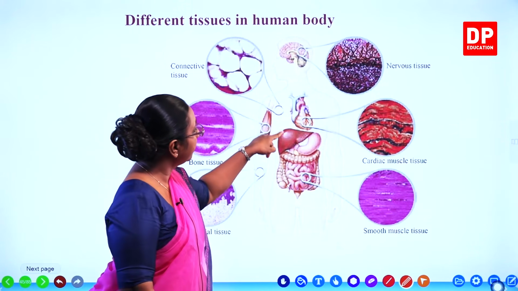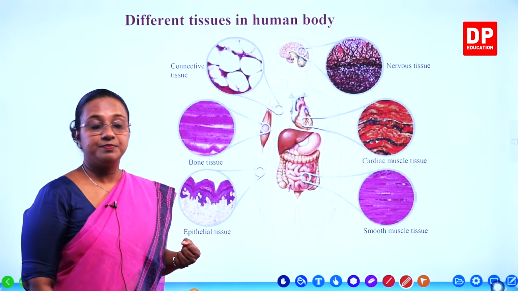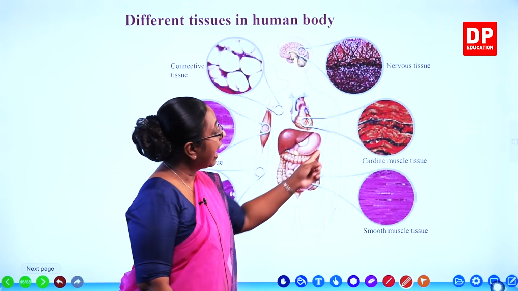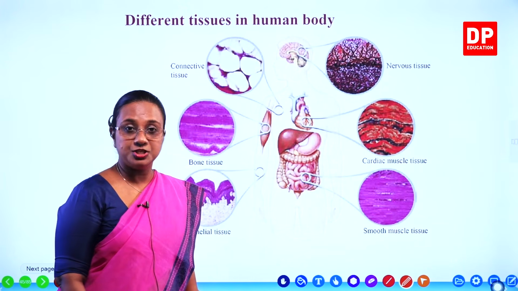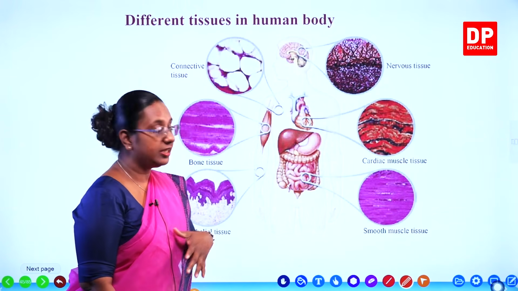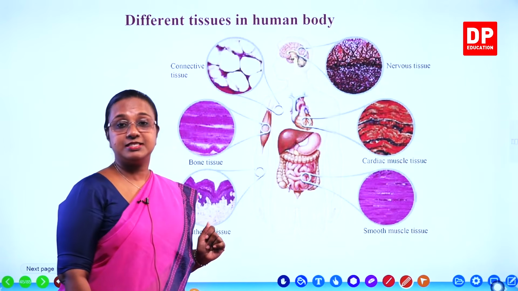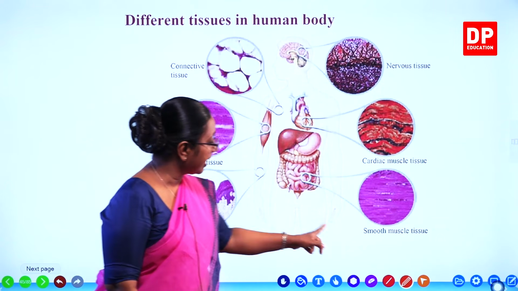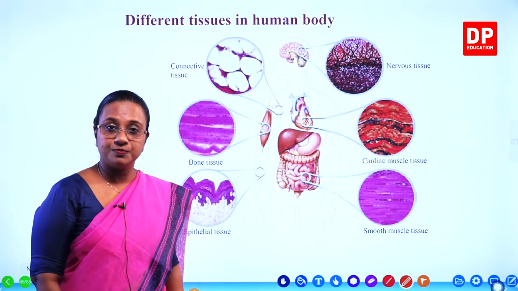Then we have the heart, which is part of the circulatory system. This pumps blood, and that is made up of cardiac muscle tissue. Then when we come to the abdomen, you can see part of the digestive system. In that, we can find the smooth muscle tissue.